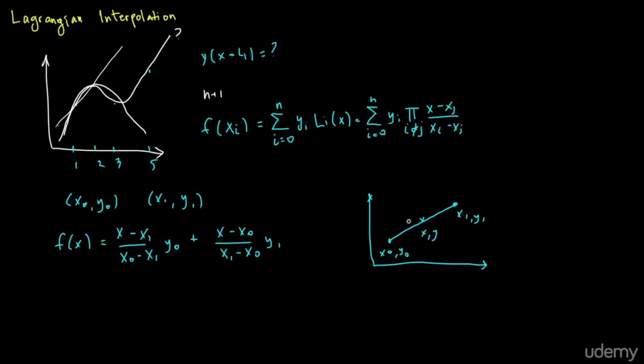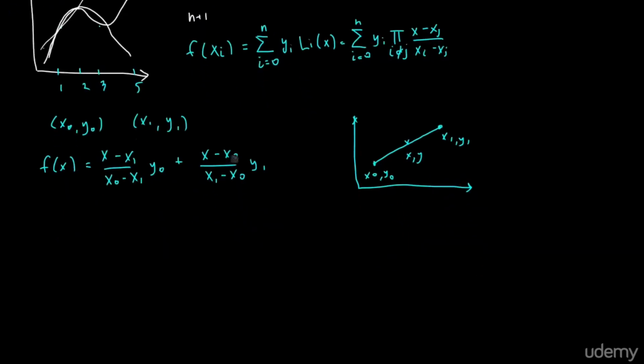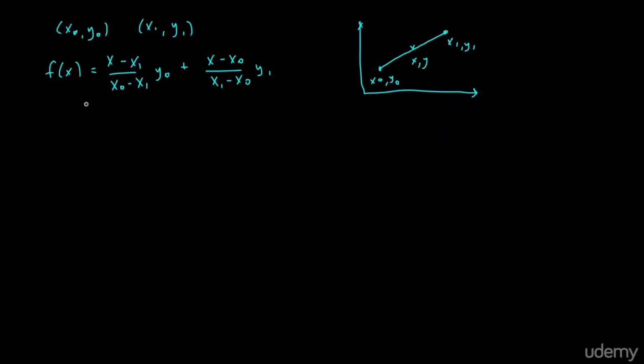Now for 3 points it gets a bit more complicated, because we have x0, y0, x1, y1, and x2, y2, so there are going to be more terms in the addition.